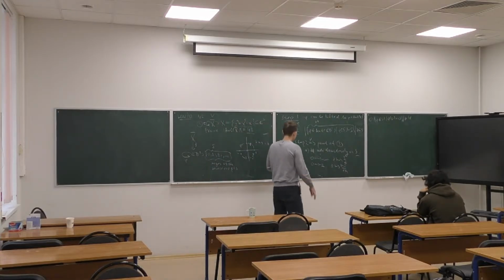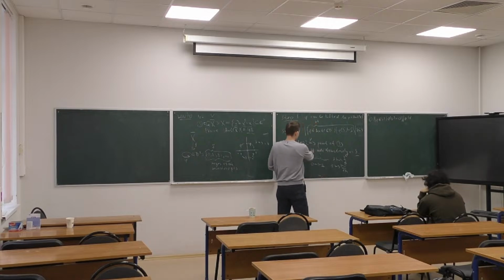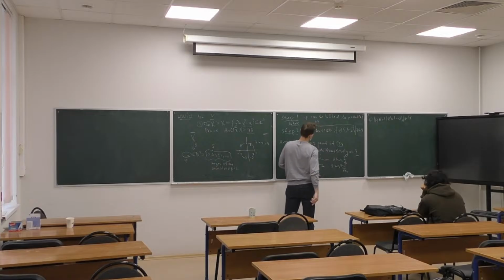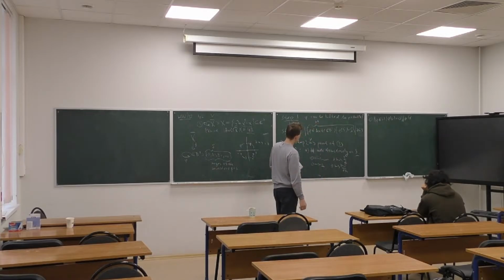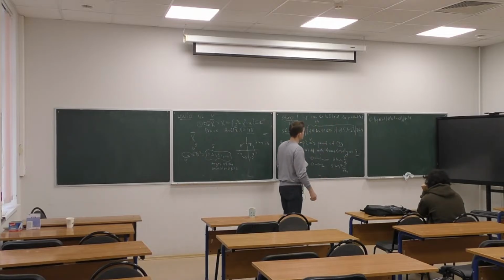So if you consider the action of H on S, the orbit of 0 consists of 6 points, and the stabilizer consists of at least 4 elements. So it follows that the number of elements here is at least 24.